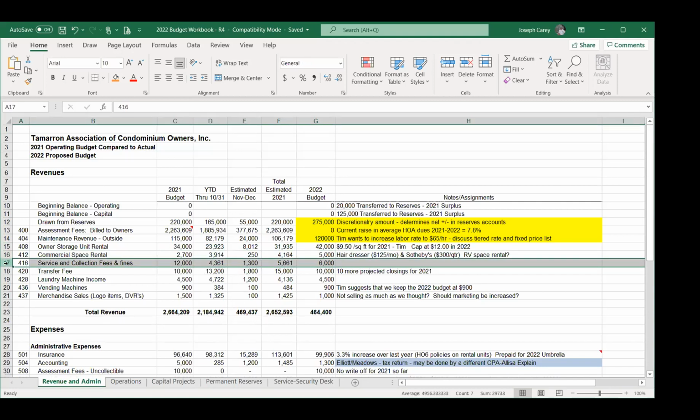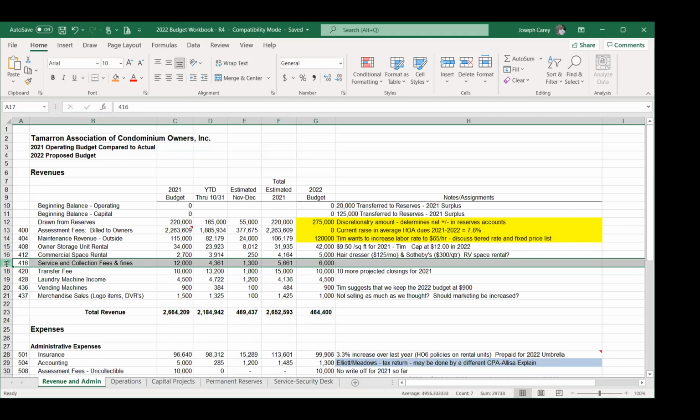Service and collection fees. This is late fees and interest on owner assessments that are unpaid or later unpaid. Our experience on this is getting way better. I guess it's the economy.